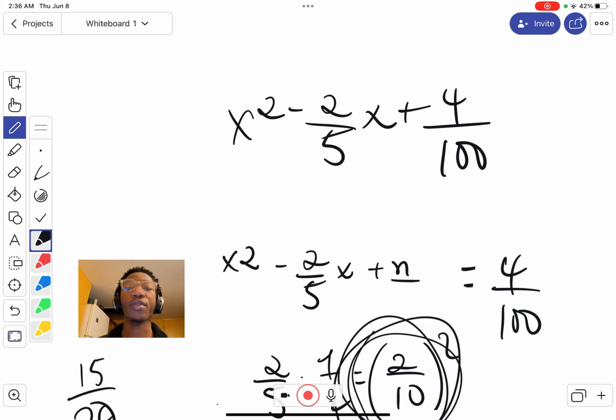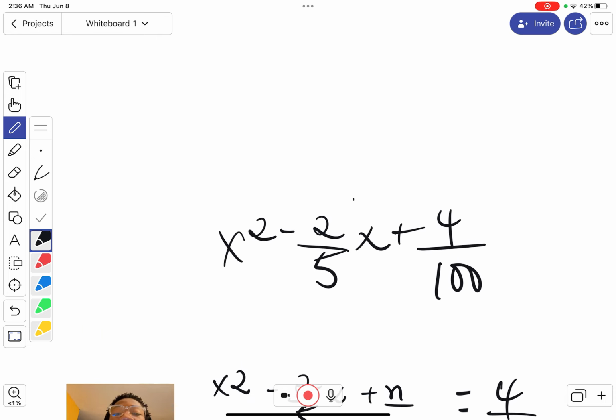That's the new equation that we're dealing with. Now they also ask us to factor it. To factor it, we're gonna use the 3-step technique that I showed you, which is the square root of the first term, we keep the sign in the middle, which is negative, and the square root of the last term, which is 4/100.